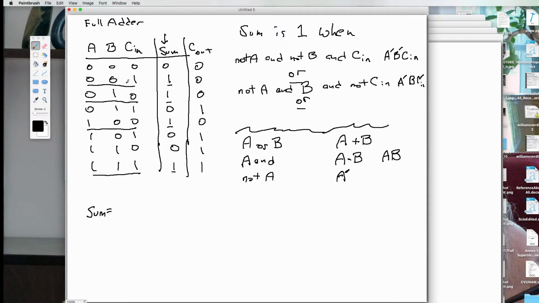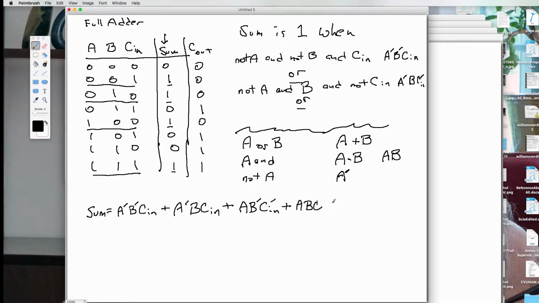I could say sum is equal to A prime, B prime, C in, or A prime, B, C in, or this line over here would be A, B prime, C in prime, or the last one down here would be A, B, C, like that.